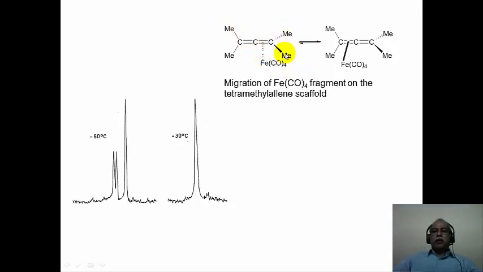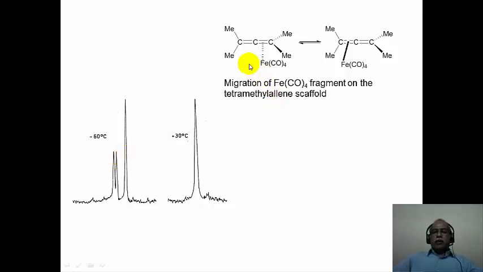So these 2 methyls with a 6 hydrogen intensity come as a singlet, which is this particular singlet. This methyl and this methyl should come separately, and in fact they do come separately in this particular case. These 2 signals correspond to the 2 methyls that are seen, one syn to the iron tetracarbonyl, the other anti to the iron tetracarbonyl.